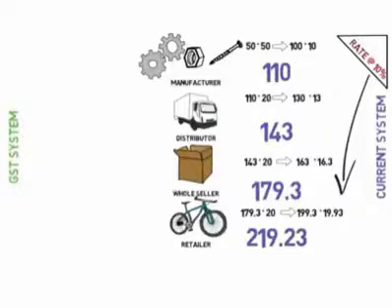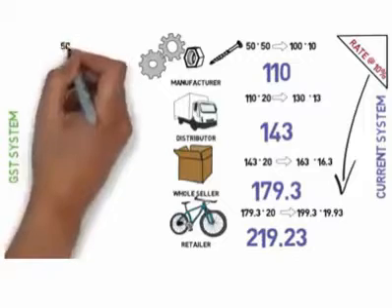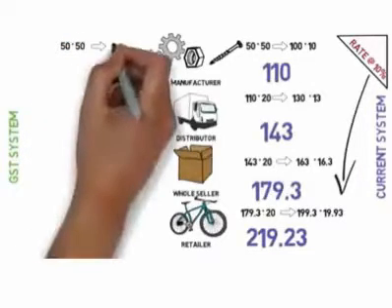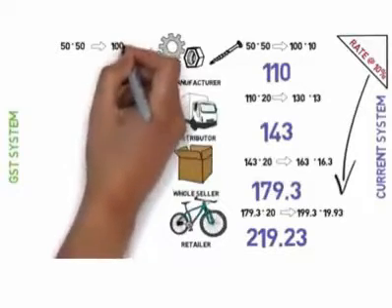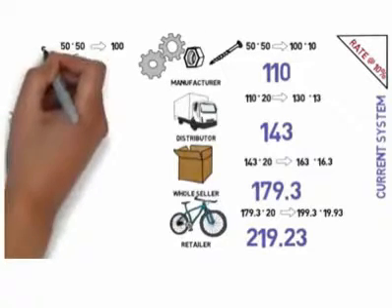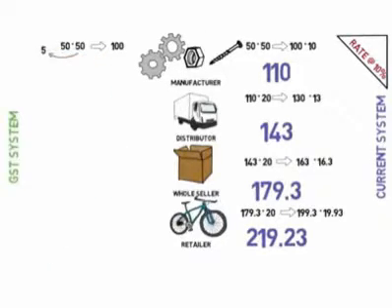Now we will take the same example in the GST system. Raw material of 50 rupees and the manufacturing value of rupees 50 make the product of 100 rupees. But this time, the manufacturer has to pay tax on the value added by him, which is rupees 50. So he pays 10% of 50, which is 5, as tax from his profit.